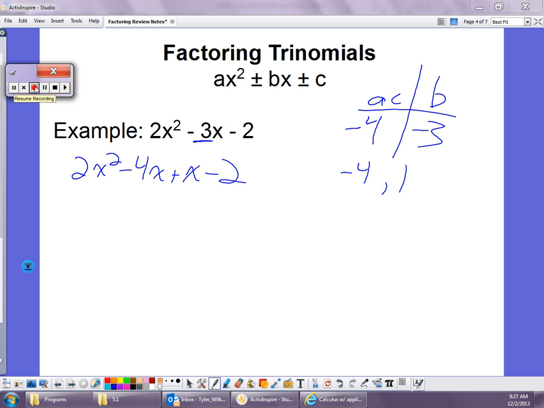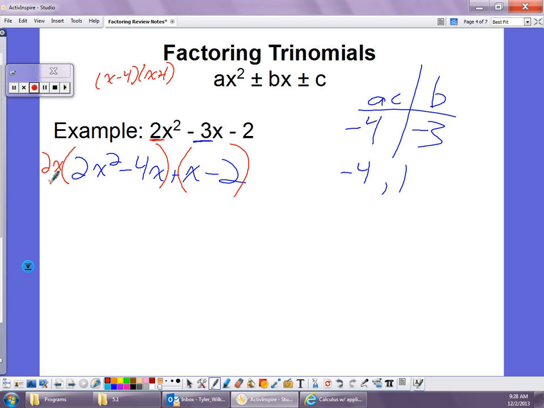All right, so now what we need to do is called factor by grouping. If my coefficient here had been 1, then I could have been done. It would have just been x minus 4, x plus 1, and it would have been factored. But my coefficient is not 1. It's a 2. So I have to factor by grouping. So what you do is group it like this into two parts, and you want to pull values out of each of these to make the inside identical. So what's the greatest common factor here? 2x, good. So I pull out 2x, and I'm left with what? x minus 2.